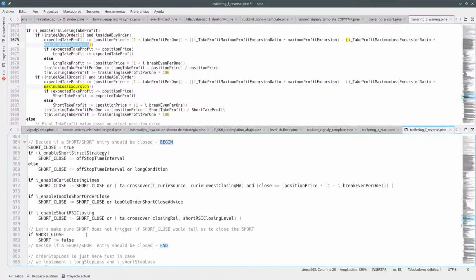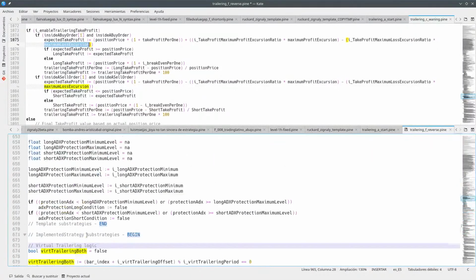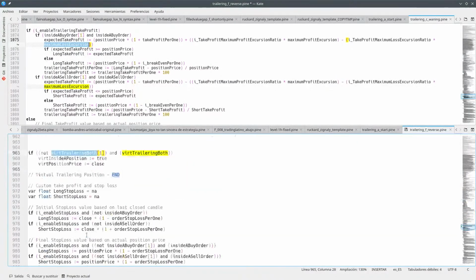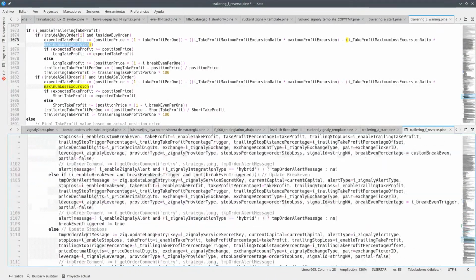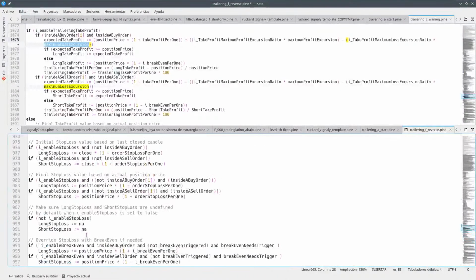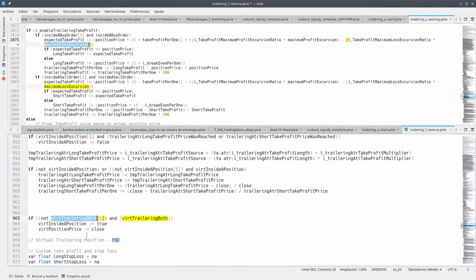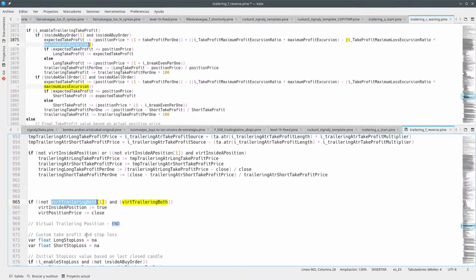Is it up here, isn't it? Otherwise, yeah, this is the way I want it to be. Now I have lost. Yeah, so I want to copy and paste here. That's it.